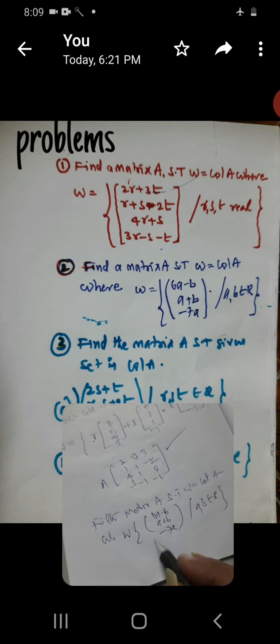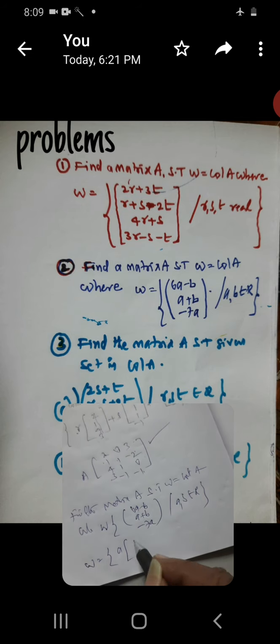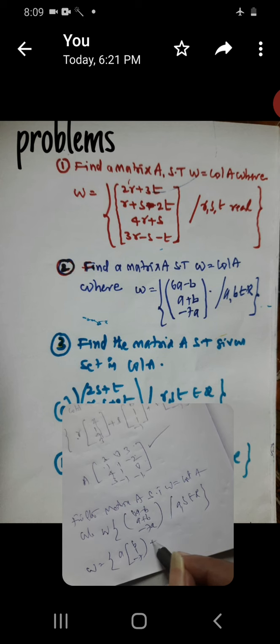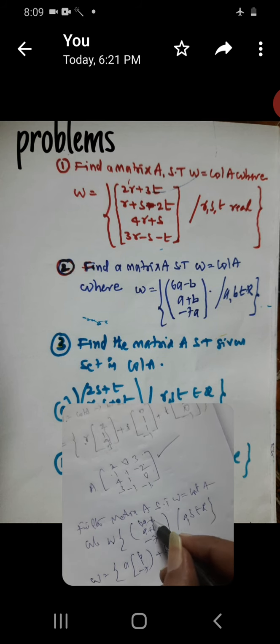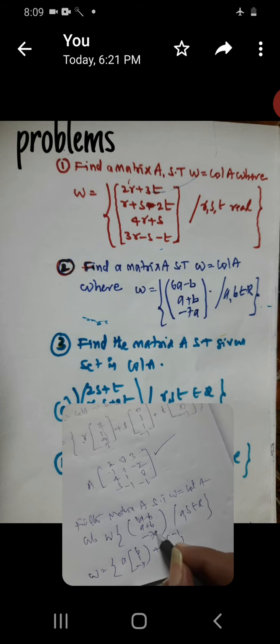W is equal to the set of: a is common, you write here 6, here 1, here minus 7, plus b is common, here minus 1, here plus 1, and in the third entry there is no b, so 0.